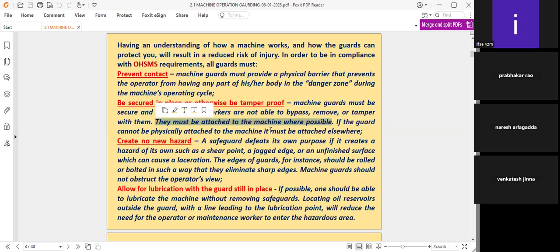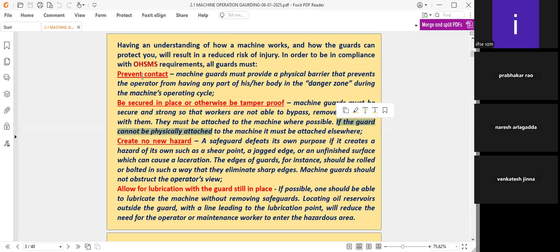If the guard cannot be physically attached to the machine, it must be attached elsewhere. What does this tell us? If the guard cannot be physically attached, that means it is not attached with a bolt. It can be seen in some other place, because the workers are always looking for tamper off. They'll use the immediate shortcut methods.